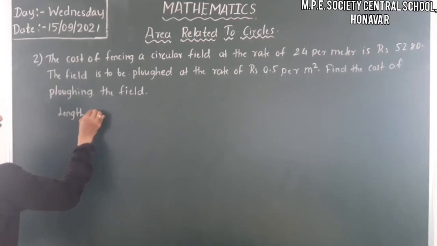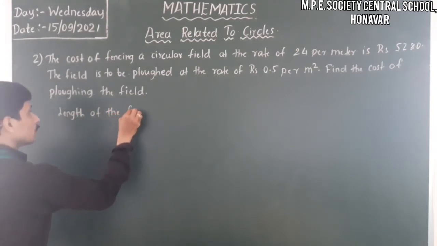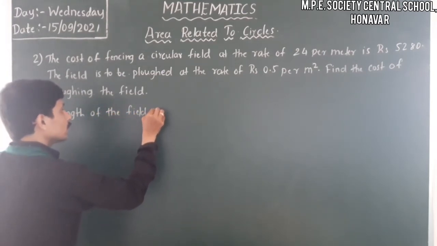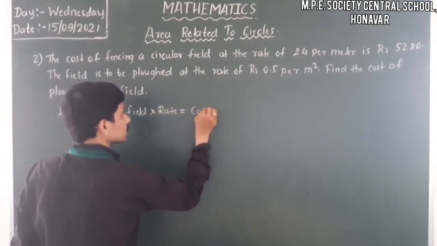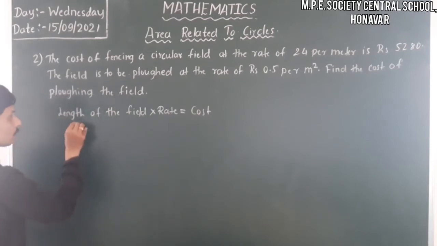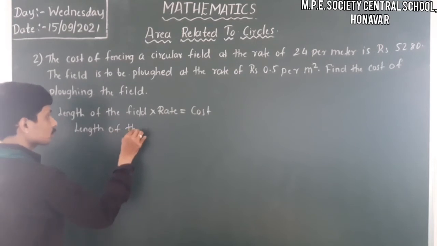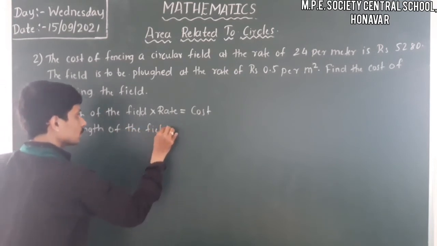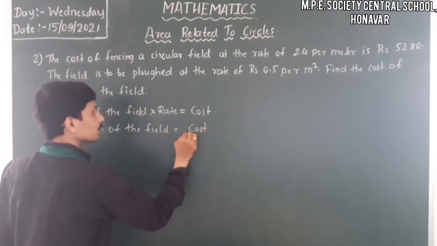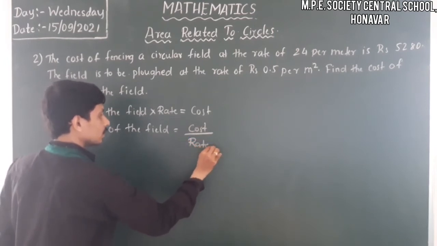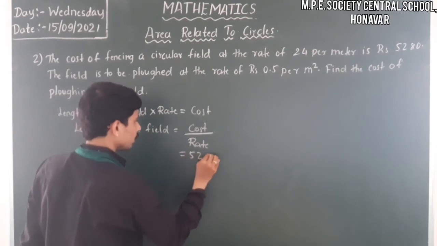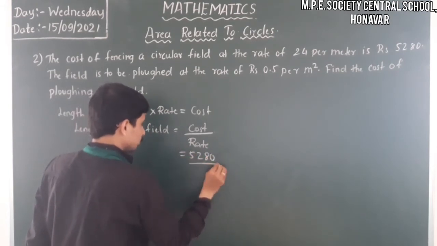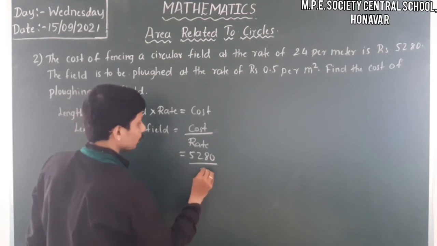So already we know that length of the field into rate is equal to cost. Here we want to find out the length of the field. So that's why we have to divide cost by rate. Actually cost is given, it is 5280 divided by 24.